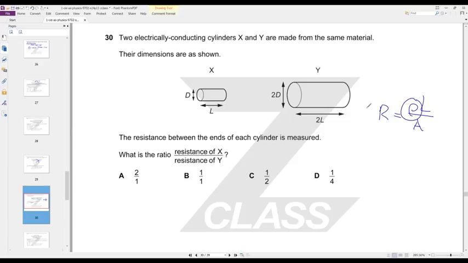Resistivity is a property of the material. These are the same material, so that's actually irrelevant. Okay? Note I was halfway through saying A and area. Area is proportional to d squared.